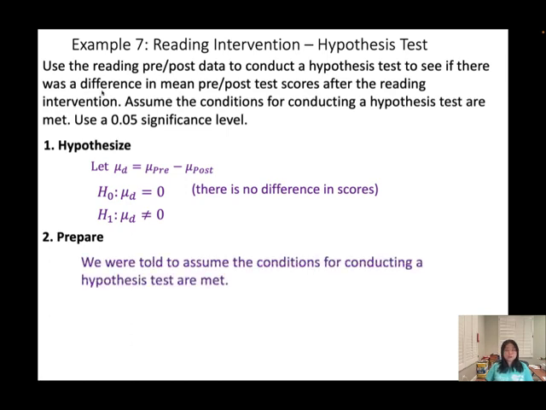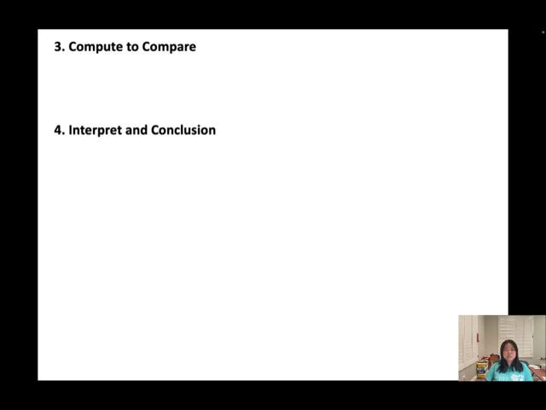They say assume the conditions for conducting hypothesis testing are met, so we don't have to state them one more time. Now use your calculator. You should find your test statistic of -2.54. The p-value is what we compare with your significance level.